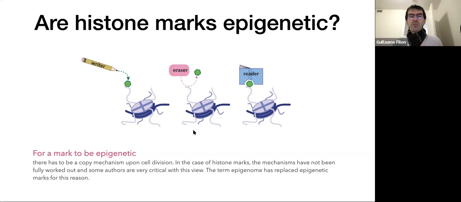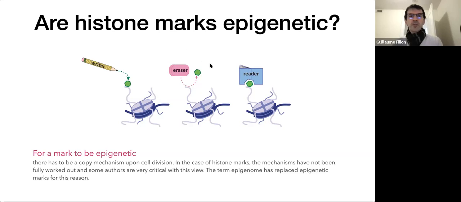Can you really call them epigenetic? Are they the source of memory from the mother cell to the daughter cell? Or are they themselves the consequence of the true signal for that memory? It's not clear. And so just claiming that this is epigenetic when you don't yet have the mechanism could lead to not making the discovery that you should make, that this is not the true signal that is epigenetic.